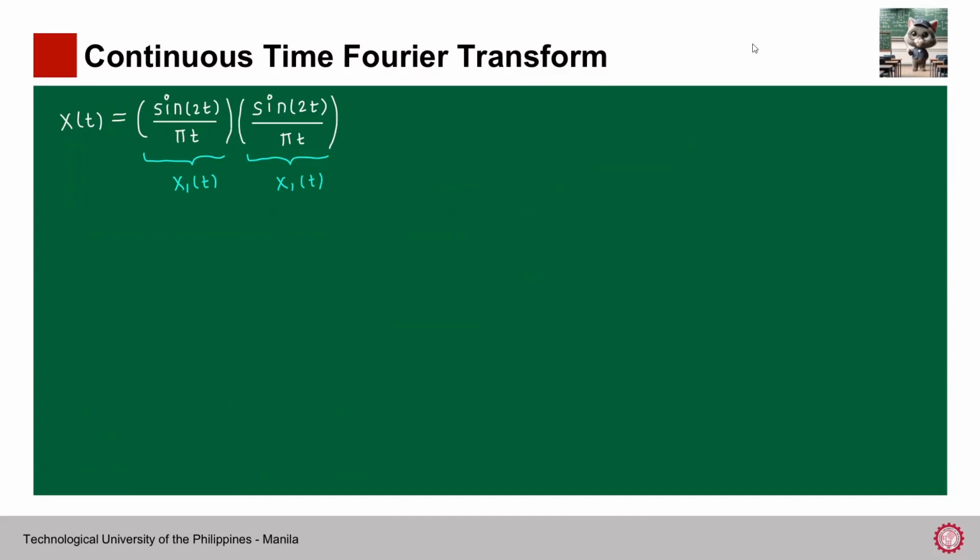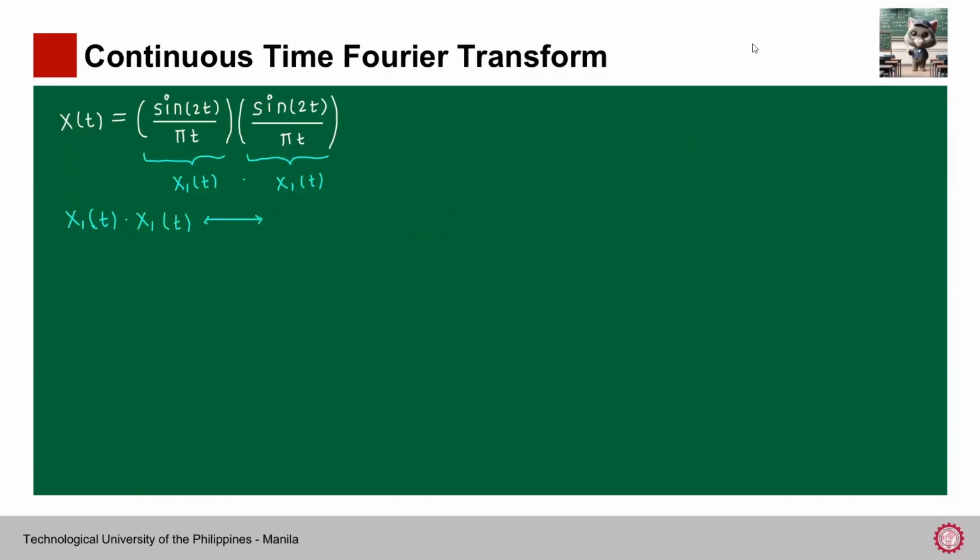Ito naman, ano naman gagamitin natin dito? Multiplication. So what is the multiplication property of CTFT? Yung multiplication property niya is simply equal sa x sub 1 of t multiplied by x sub 1 of t, yan ang CTFT niya.